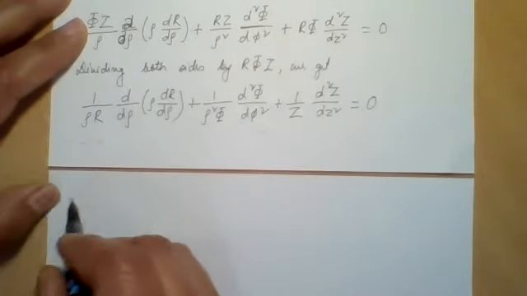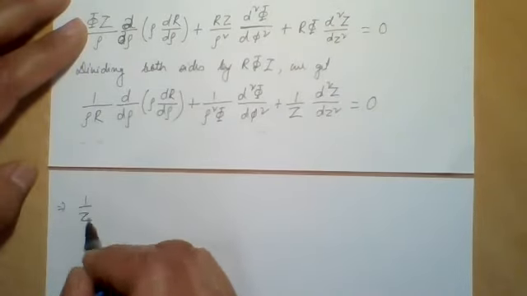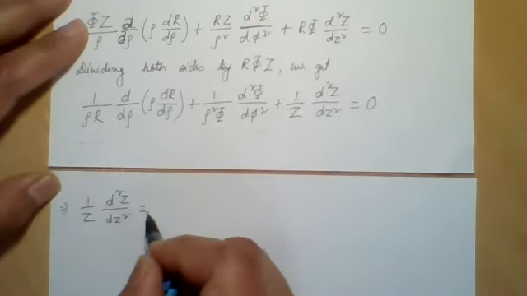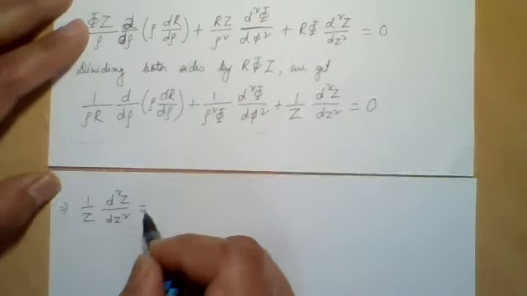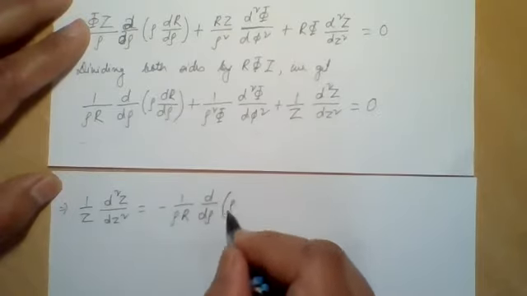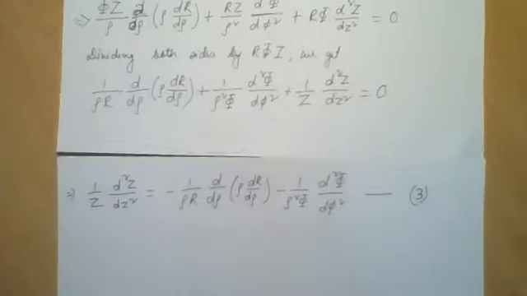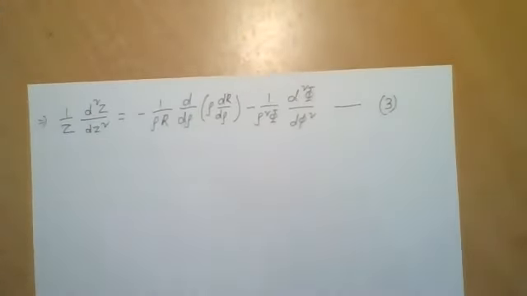So this implies 1 by Z, d2Z by dz square is equal to minus 1 by rho R, d by d rho of rho dR by d rho, minus 1 by rho square Phi, d2 Phi by d angle phi square. This we call equation number 3.